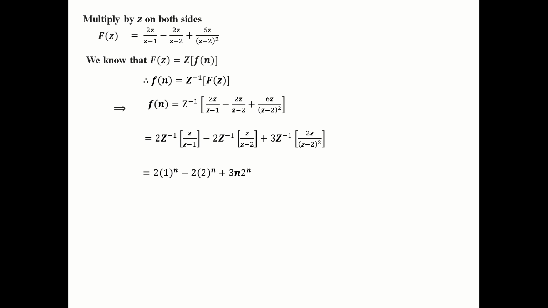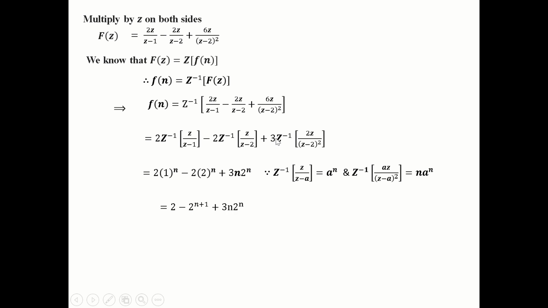The third one, we know the formula: z inverse of az by z minus a the whole square, that is why we are keeping that 2 inside. We know z inverse of az by z minus a the whole square is equal to n into a power n. So instead of a you are having 2, that is equal to 3 into n into 2 power n. These are all the formulas.